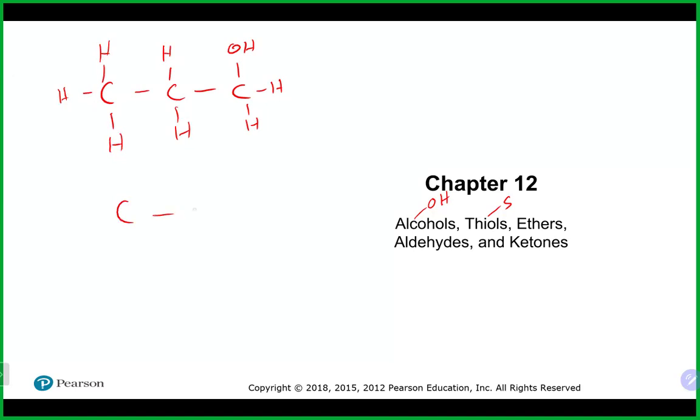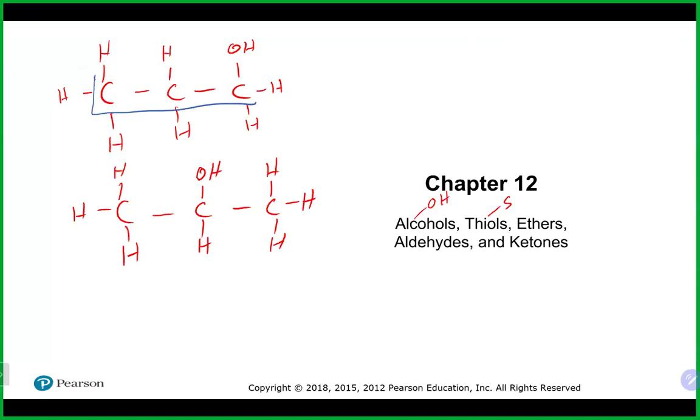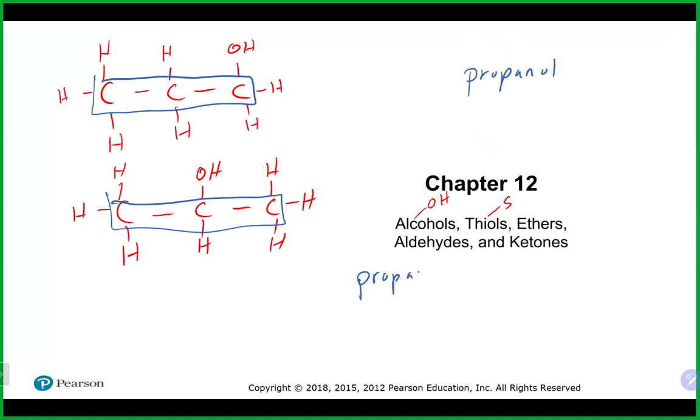We could also have something like this. In both of these cases, the longest carbon chain is going to be 3, right? That has the OH group also part of it. So they're both going to be propanol, and that is based off of propane, which has 3 carbons.